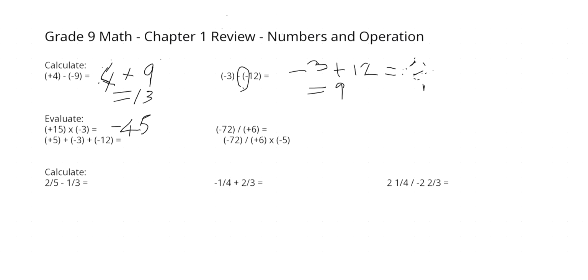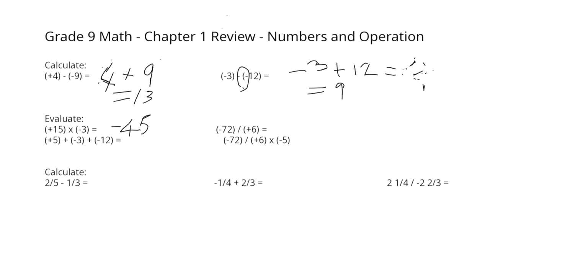You just need to say 72 divided by 6, and the fact that 72 is negative will carry the weight. 72 divided by 6 is equal to 12, but it's a -12.